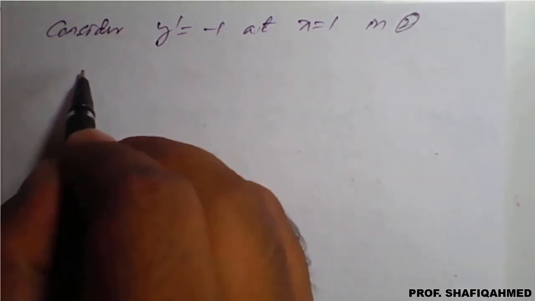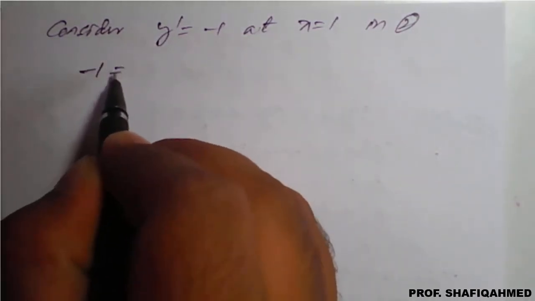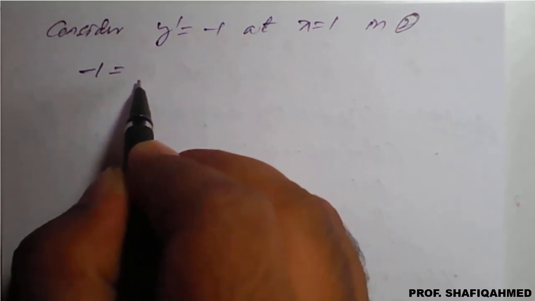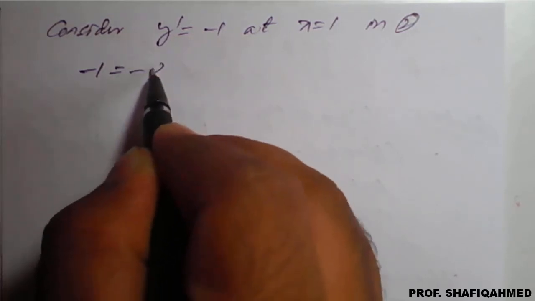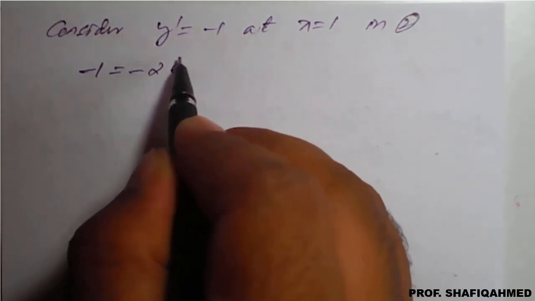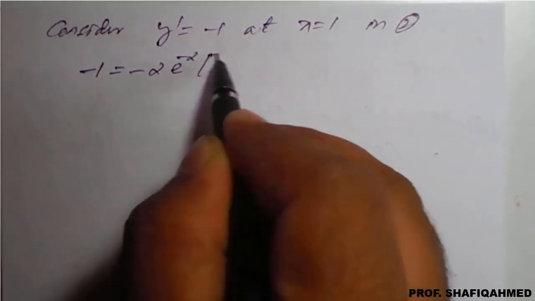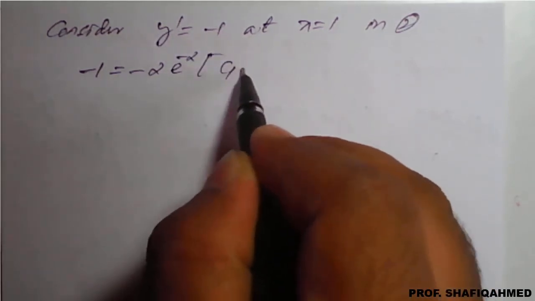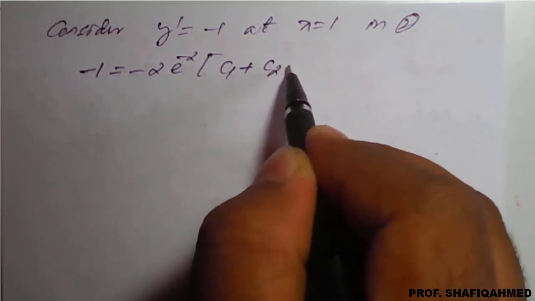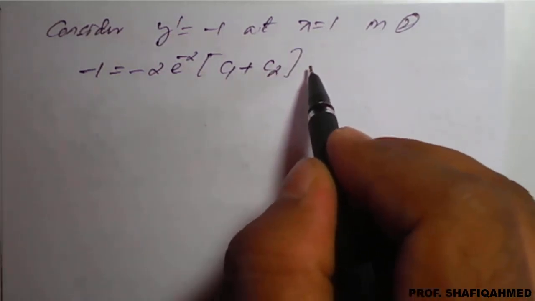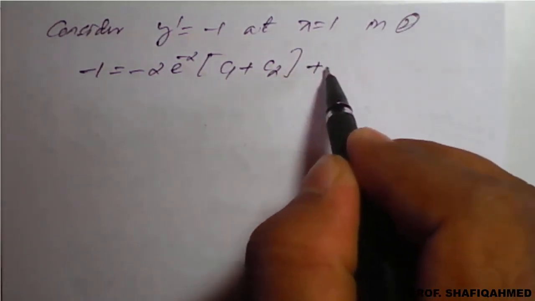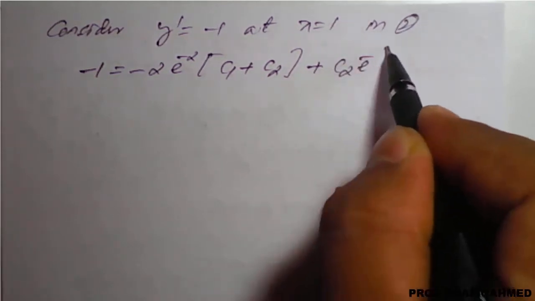So equation 2 will become minus 1 equal to, if you apply, minus 2 into e raised to minus 2 bracket c1 plus c2 into 1 is c2, I will write, plus c2 into e raised to minus 2.